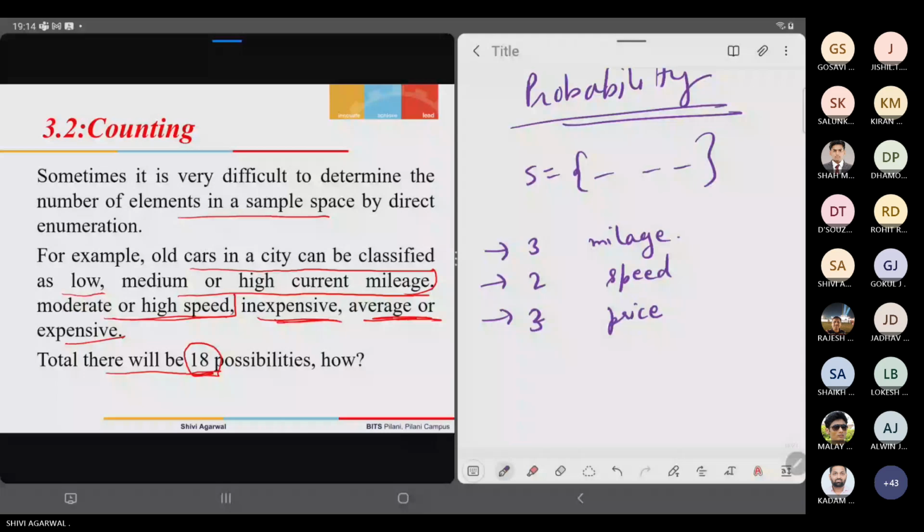Now, how many possible combinations can we make? We take the first mileage, then speed, then price, three elements we are making here, and we ask how many possible combinations there are.